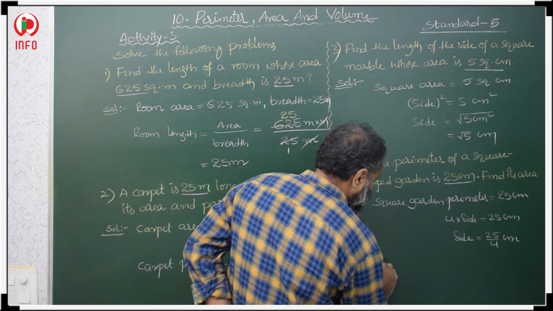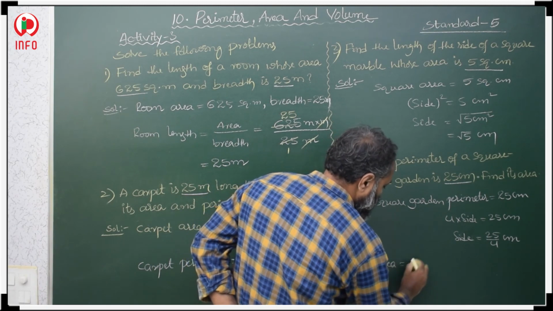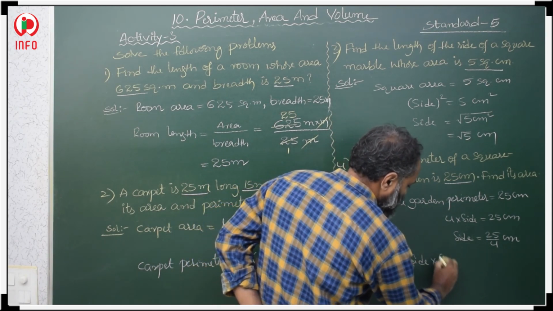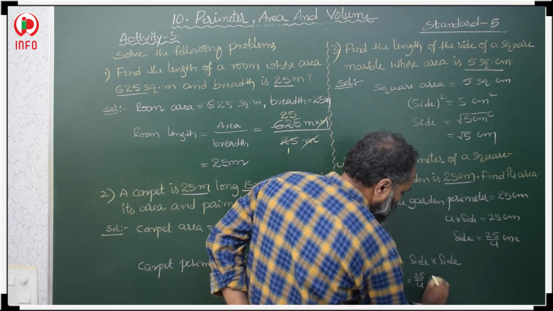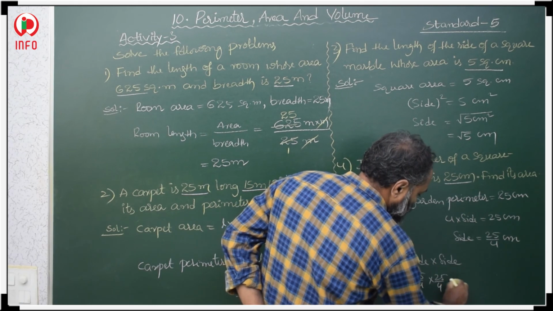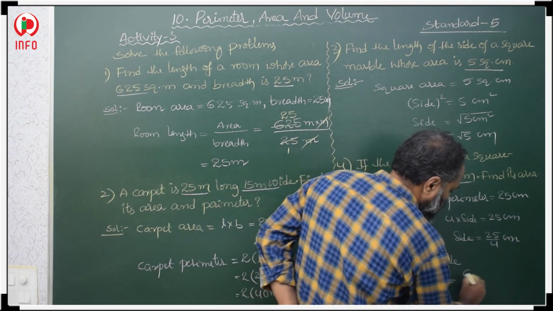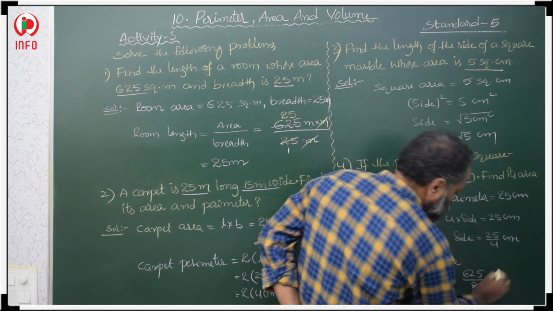Now area is equal to side into side. What is the side here? 25 by 4 into 25 by 4. Then 25 into 25, 625, by 8.